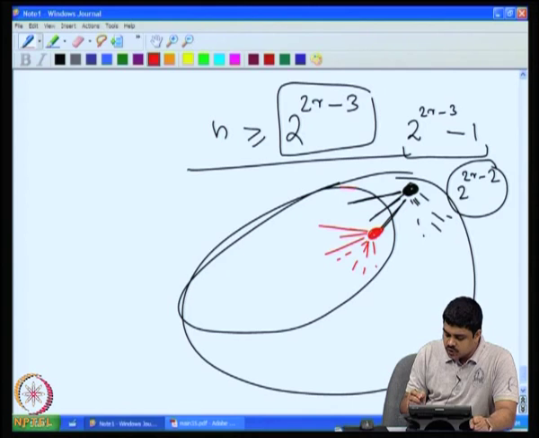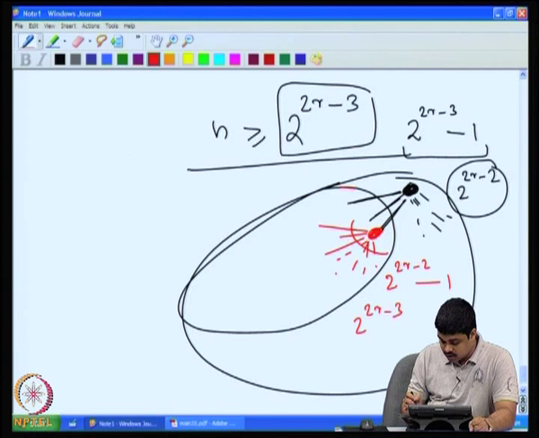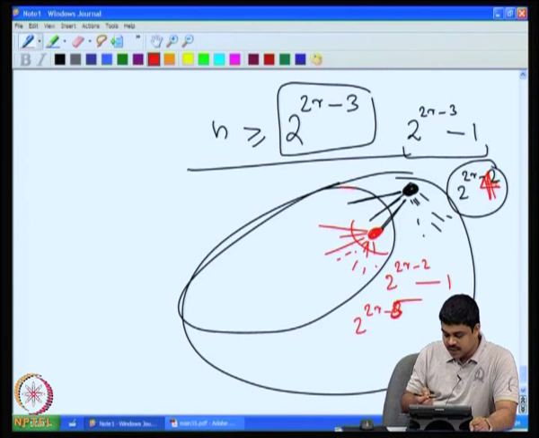So now the remaining vertices are essentially 2 raised to 2r minus 4 minus 1, and in one of the categories we should have at least 2 raised to 2r minus 5 vertices. This is 2r minus 4 and this is 2r minus 5 vertices. So, we are halving it.